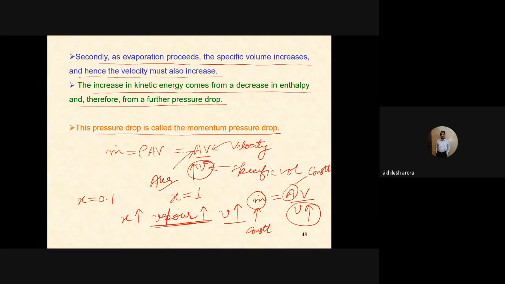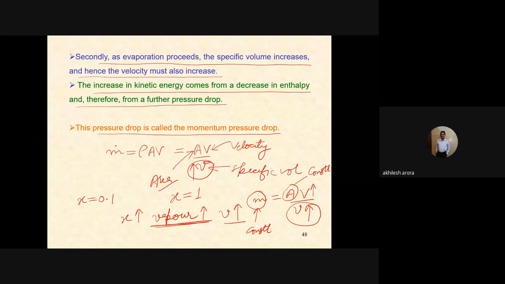So once m is constant, A is constant, and specific volume is increasing, what should happen to V so that m remains constant? It means unless V also increases, the mass flow rate will not remain constant. So during the evaporation process of the refrigerant in the evaporator coil, the velocity of the refrigerant is increasing.